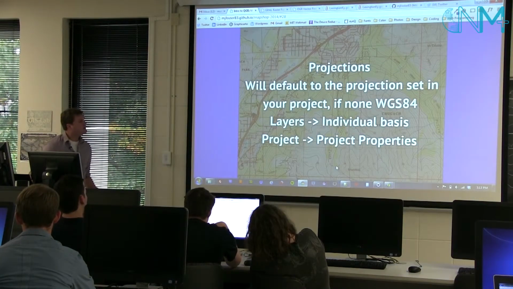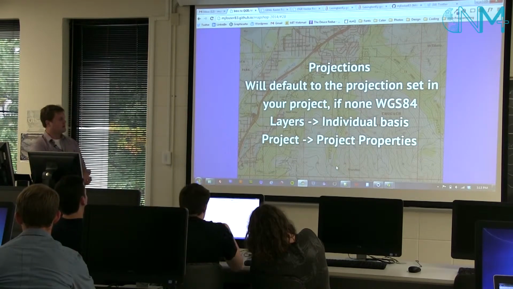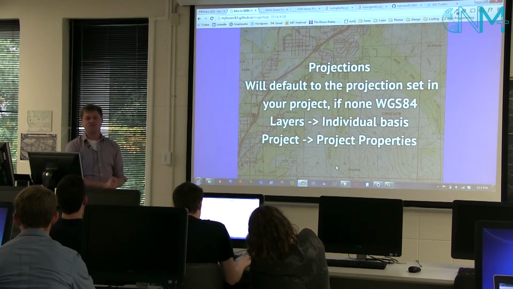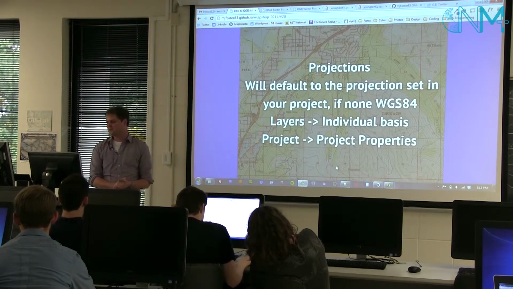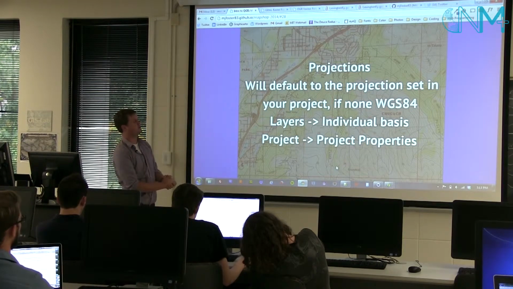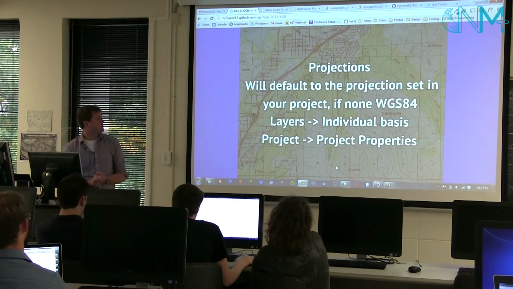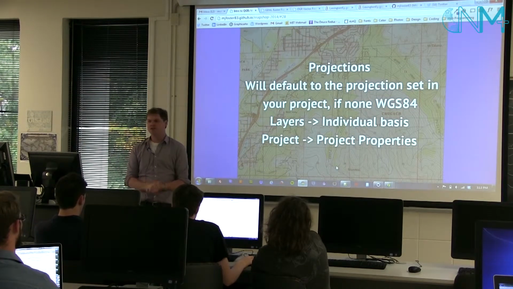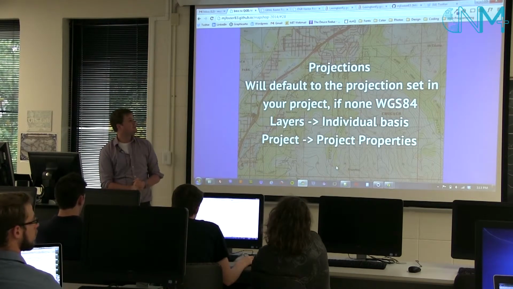All right, so I'll point out a couple of key differences, if you've used ArcGIS, that might trip you up if you use QGIS for the first time. This is based on my first experience firing up QGIS a couple years ago now. Projections. Projections are handled a little bit differently in QGIS than they are in ArcGIS.